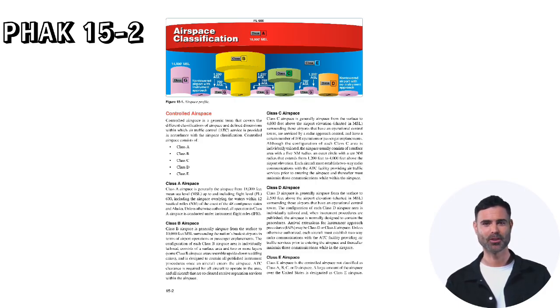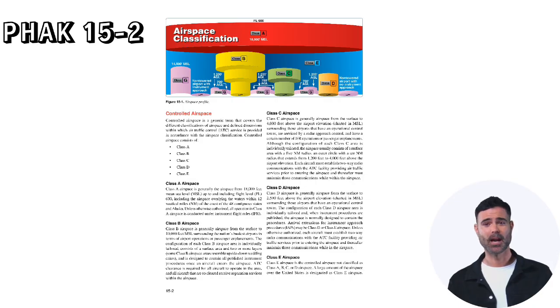Arrival extensions for instrument approach procedures (IAPs) may be Class D or Class E airspace. Unless otherwise authorized, each aircraft must establish two-way radio communications with the ATC facility providing air traffic services prior to entering the airspace, and thereafter maintain those communications while in the airspace.